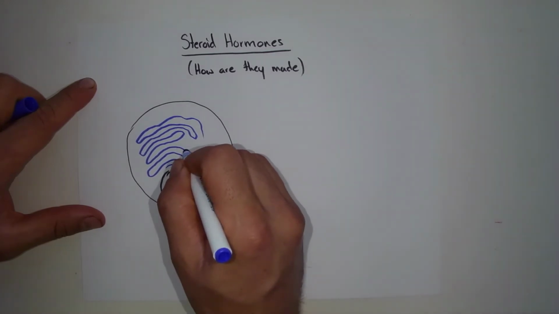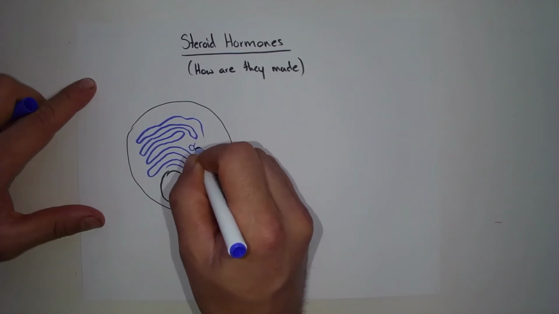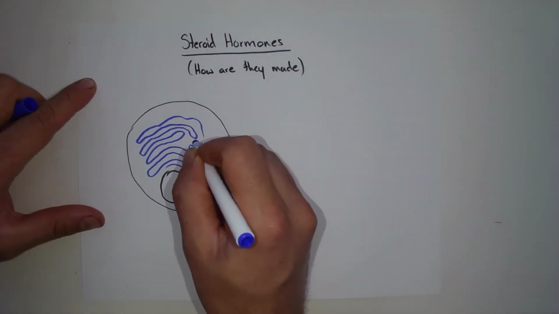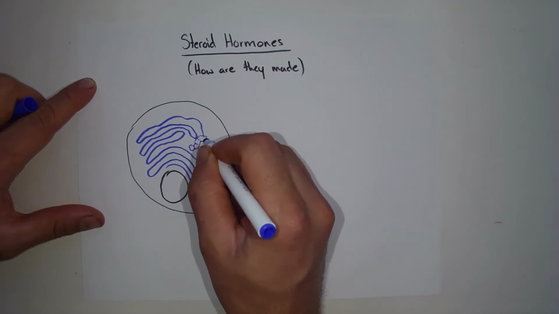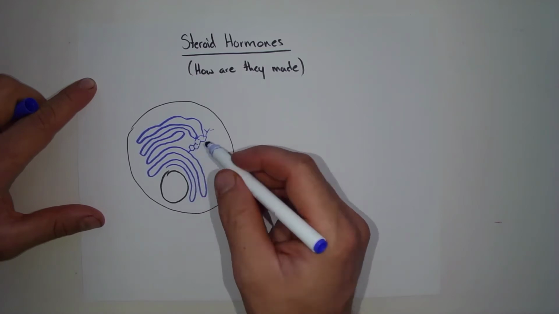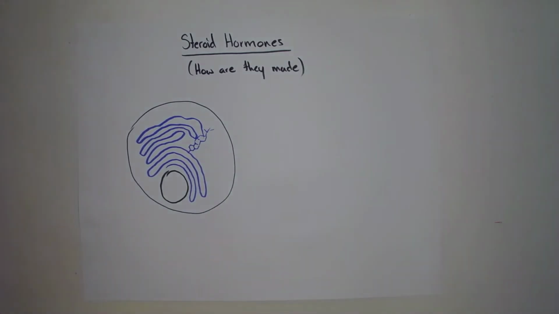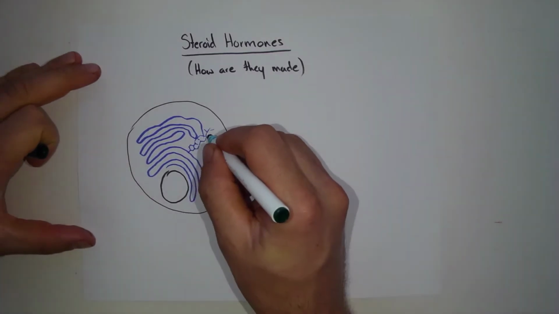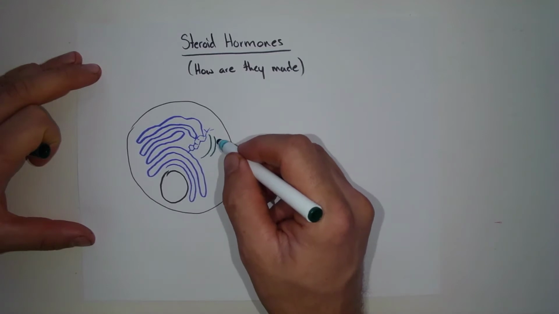Because it synthesizes cholesterol, this is where the steroid-based hormones, or those cholesterol-based hormones, are going to be made. And we take cholesterol and pass it through a Golgi apparatus where it gets modified, if not there within the smooth ER.